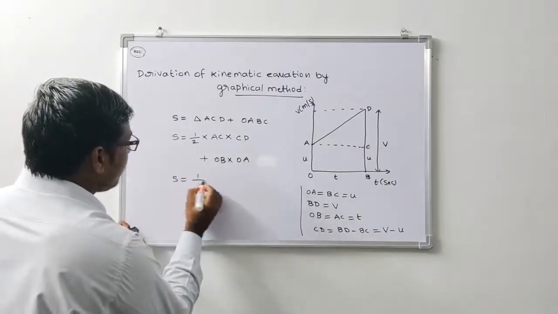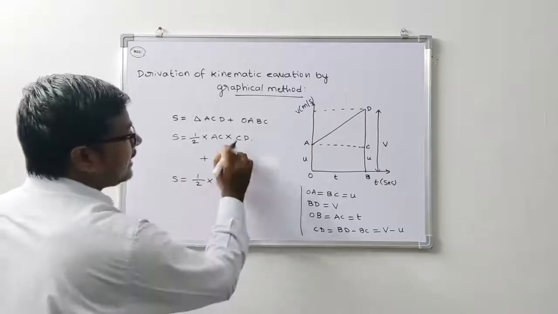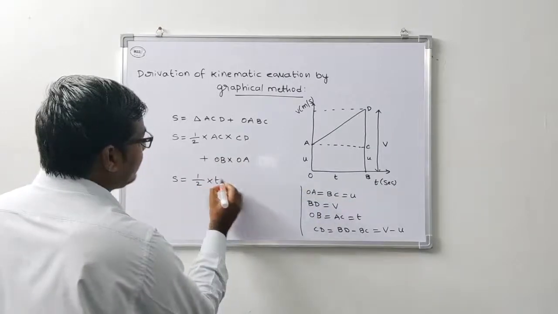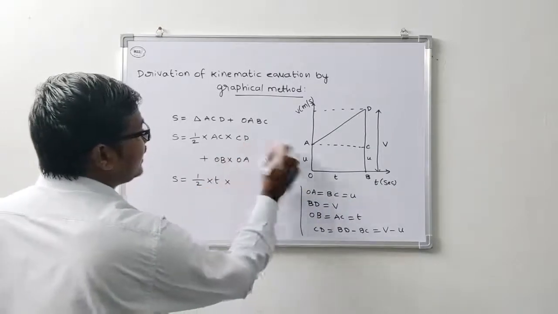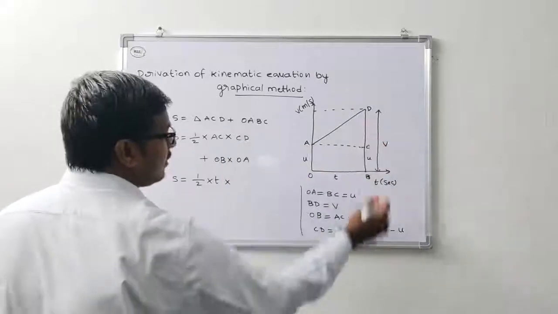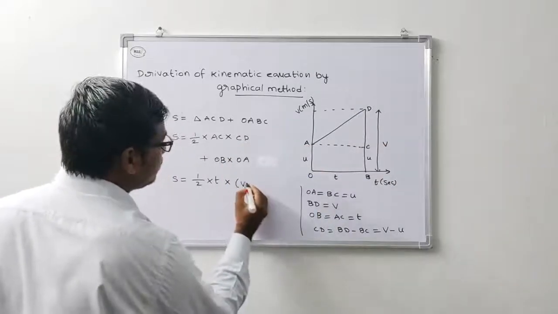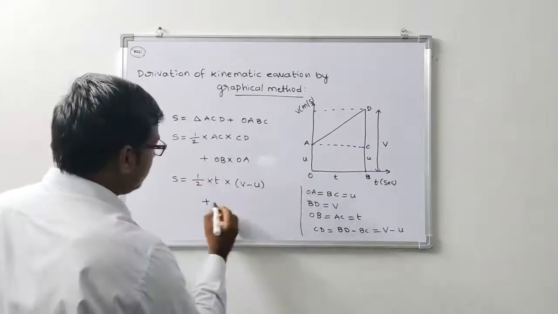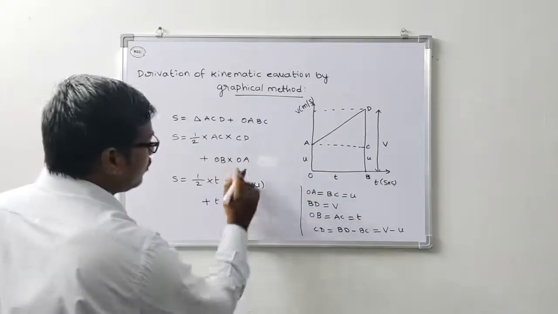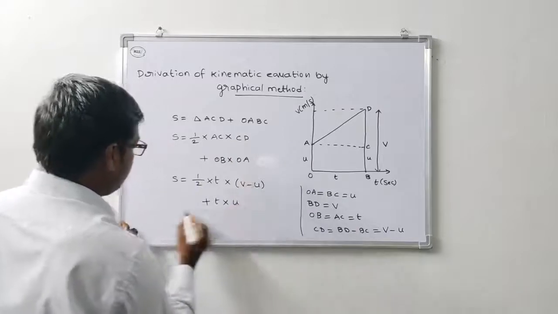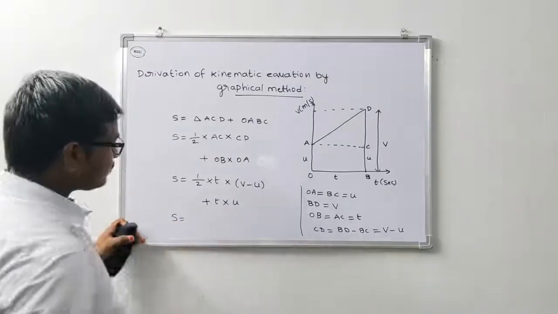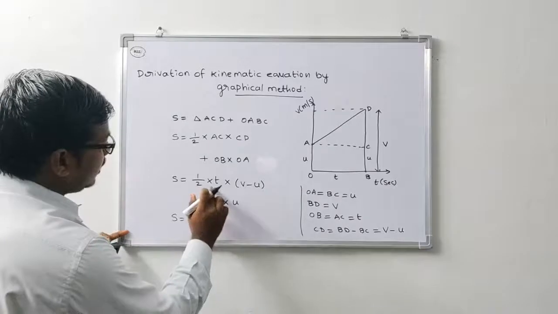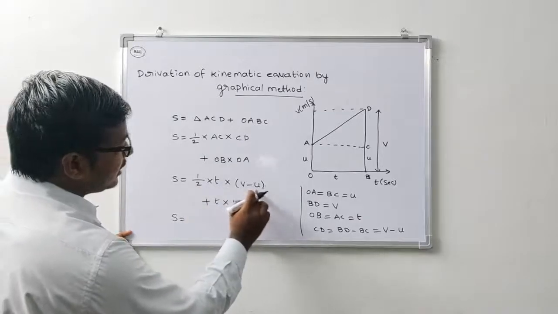S is equal to half into AC, which is t, into CD, which is v minus u, plus OB, the time taken, into OA, u. Okay, s is equal to half into t into v minus u.